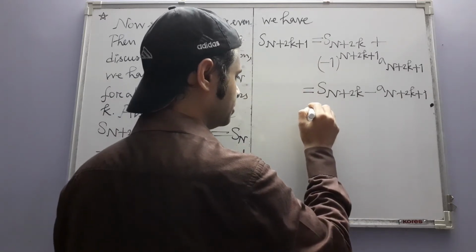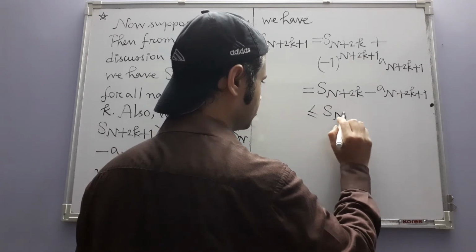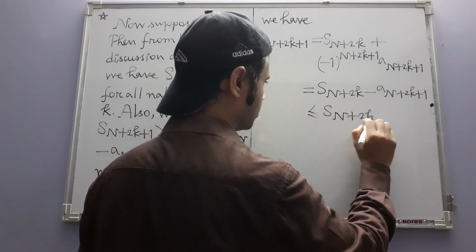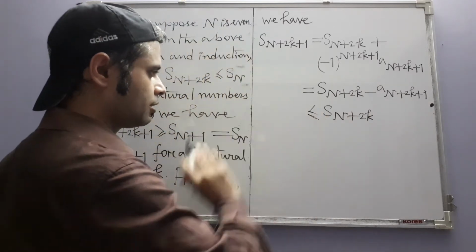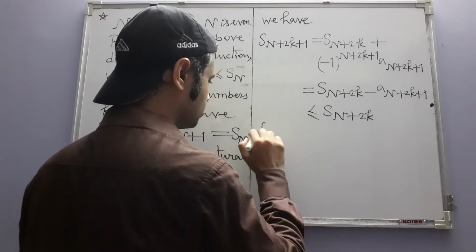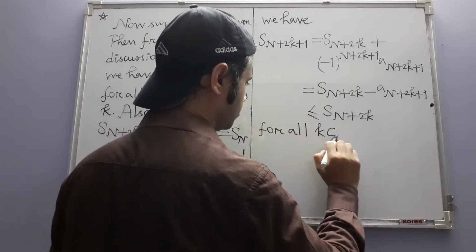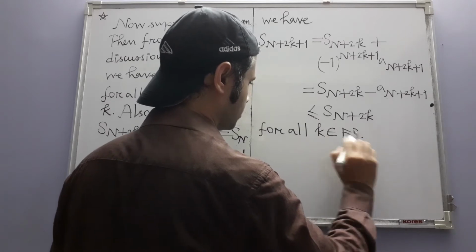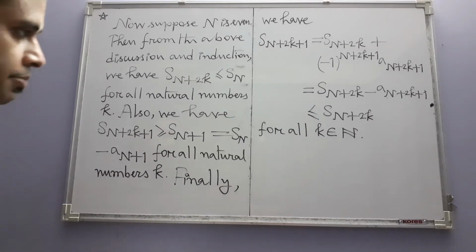So this will be less than or equal to S_{n+2k}, equal if this is 0, otherwise it is strictly less than S_{n+2k}, for all natural numbers k. So now we combine all these things.